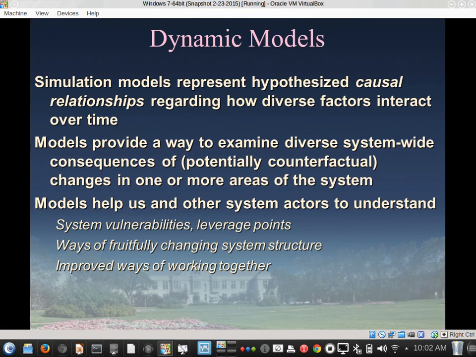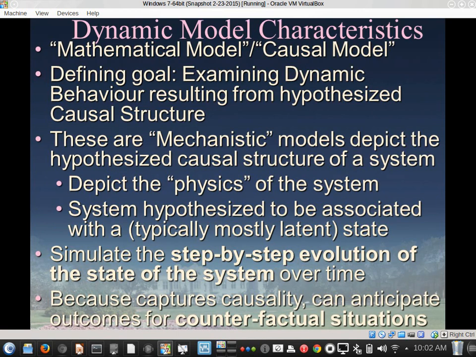And these models help us recognize vulnerabilities of a system, leverage points, places we might be able to make a particular effective difference, ways of changing system structure, and ways of effectively working together. These things go by different names. And one of the challenges for anyone hoping to come up to speed in this area is the fact that these models go by different names in different subfields.